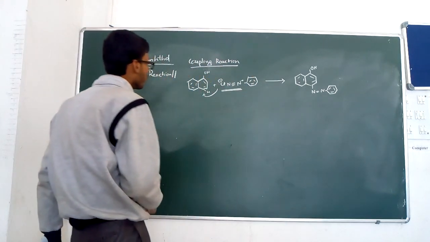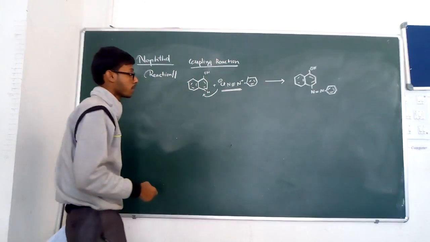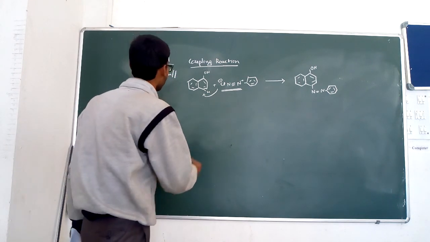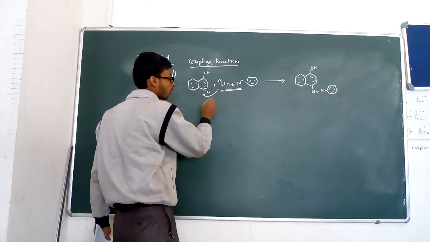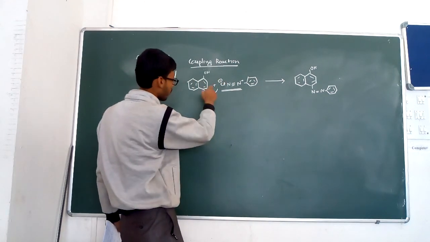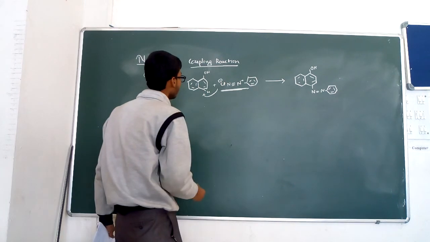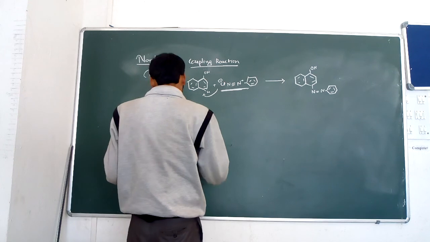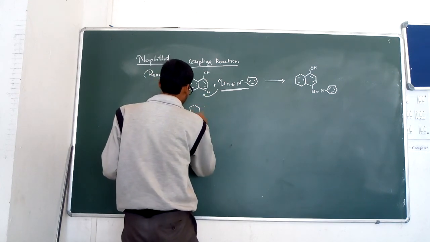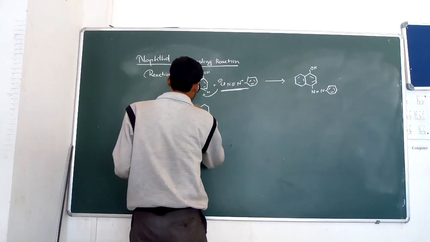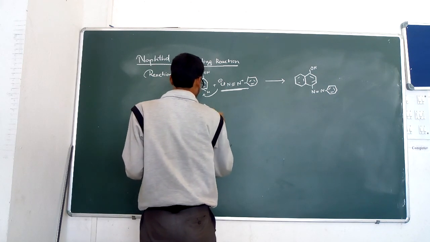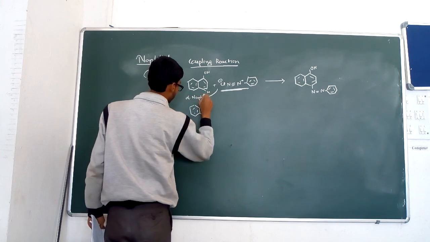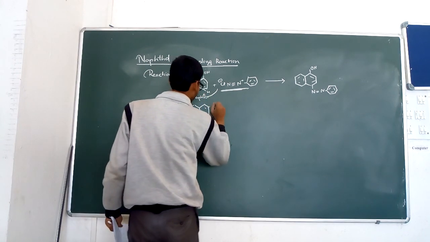And when the coupling reaction is carried out with beta naphthol as the starting material, the phenyl azo compound attacks at the 1 position. You can see that this is the alpha naphthol and that is the beta naphthol.